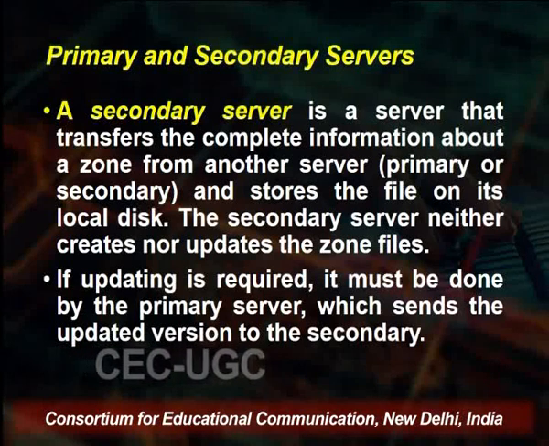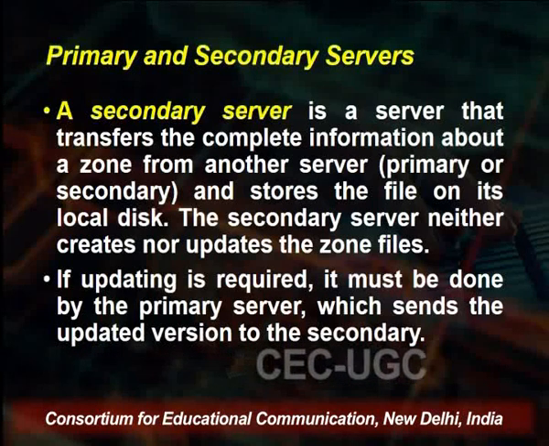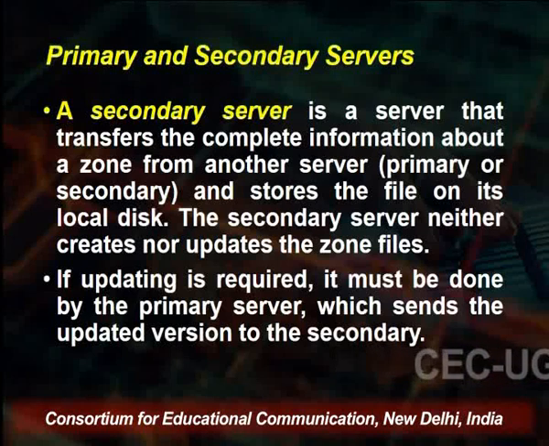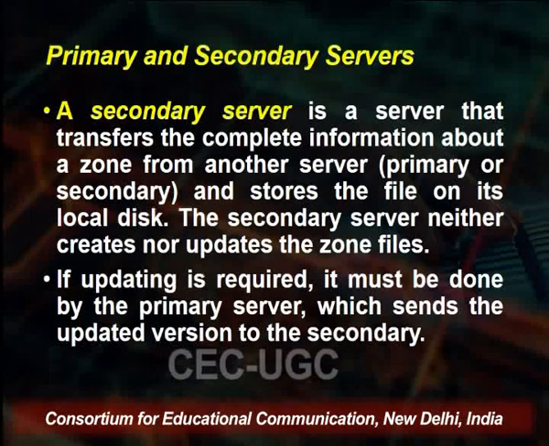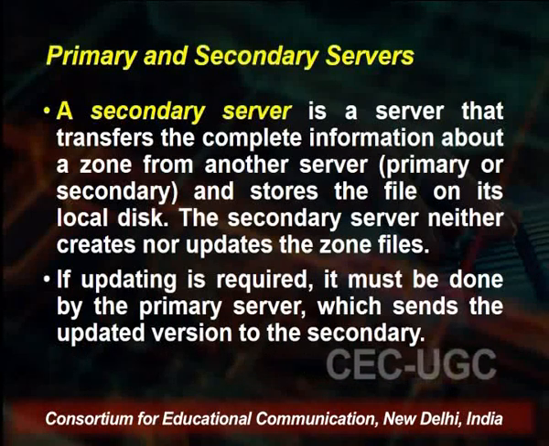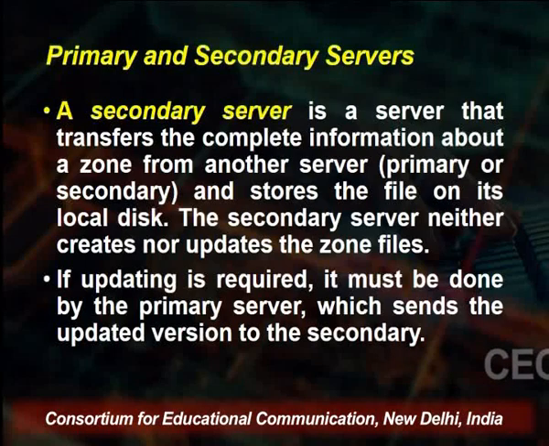If updating is required, it is only done by the primary server, which sends the updated version to the secondary server. So the primary server is the one creating and updating, while the secondary server only has a copy of the zone file which it receives from the primary server.